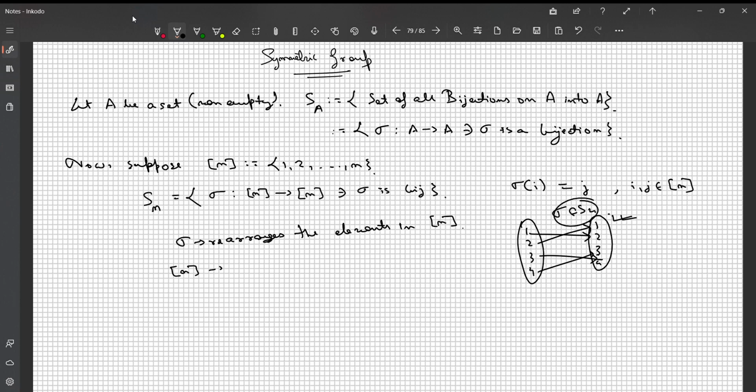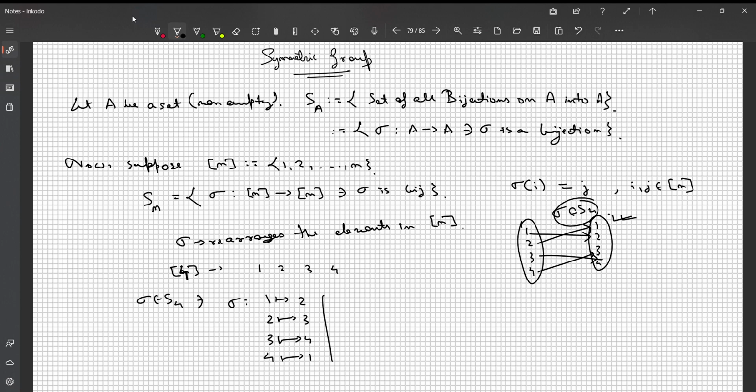So suppose you write block 4 as 1 2 3 4, and you consider sigma from S4 such that sigma maps 1 to 2, 2 to 3, 3 to 4 and 4 to 1.